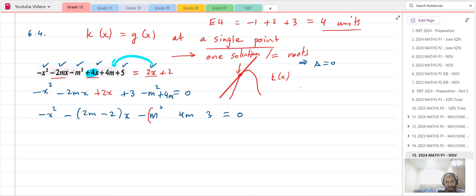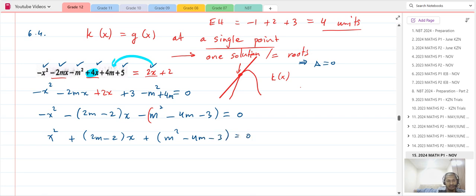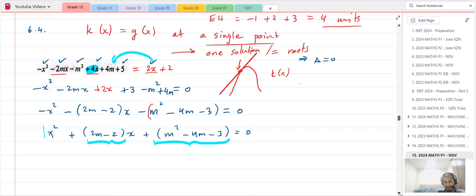Right, so I've got minus m squared plus 4m plus 3. So we got x squared plus 2m minus 2x plus m squared minus 4m minus 3 is equal to 0. So this is my A, B, C. Now we need delta equal to 0 and then we solve for m.